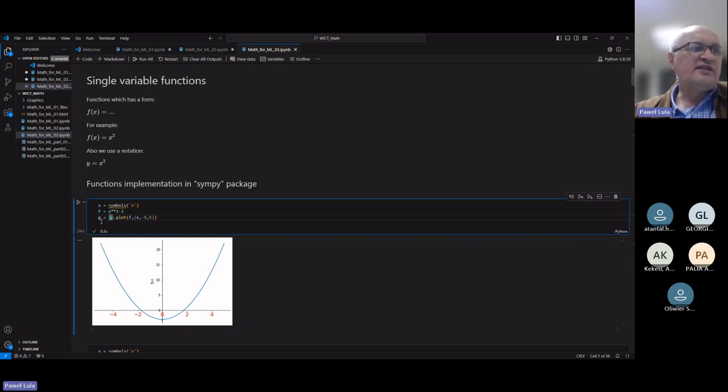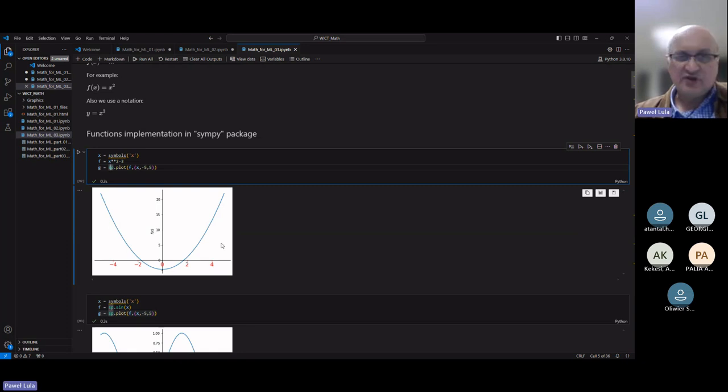So our function is here, and here I use the plot function from this SymPy package to present this function graphically. So we see this function here. And here we see all these features which I mentioned earlier.